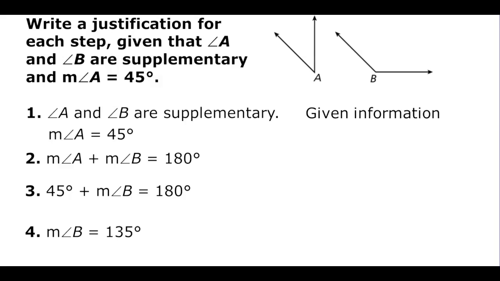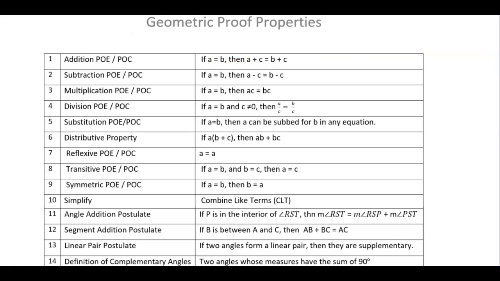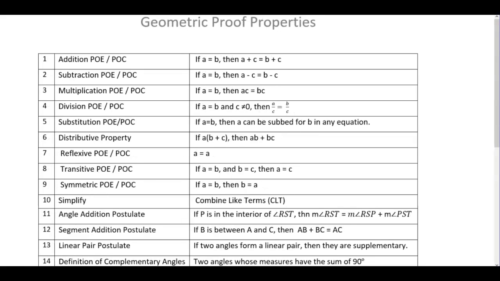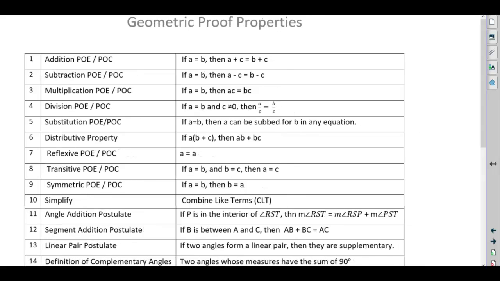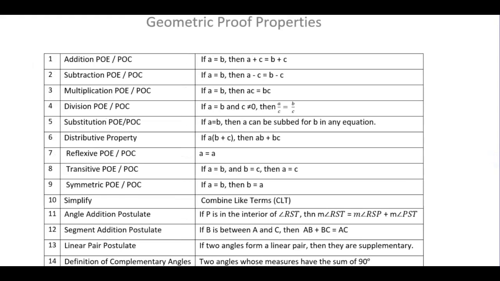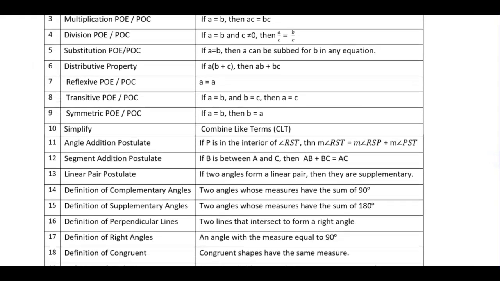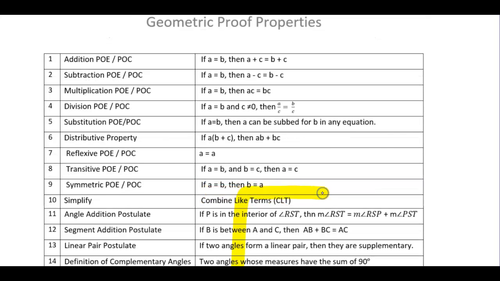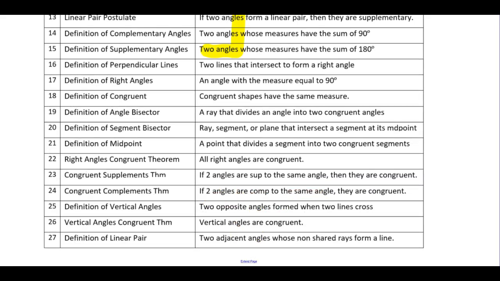So the measure of angle A plus the measure of angle B equals 180 degrees. Well, what I typically do, there's usually some vocabulary word in the given information, and they tell us right there that they are supplementary. So if you go back to your cheat sheet here, remember, supplementary means that the two angles sum to 180.